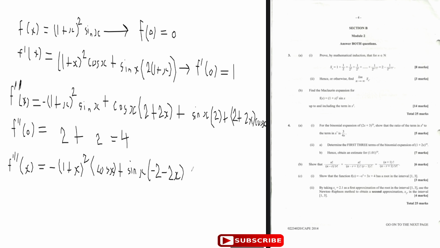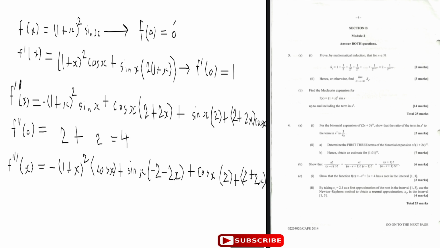Plus, we're going to differentiate this part now, cos x times (2 plus 2x), by keeping the first, which is cos x, times the derivative of the second, which is 2, plus keep the second, which is 2 plus 2x, times the derivative of the first.